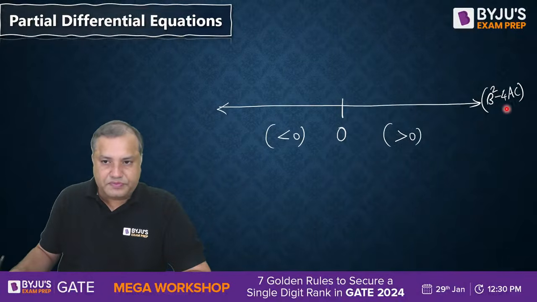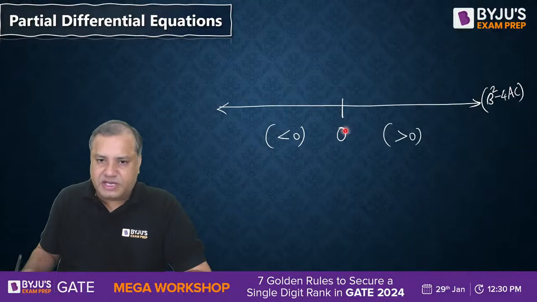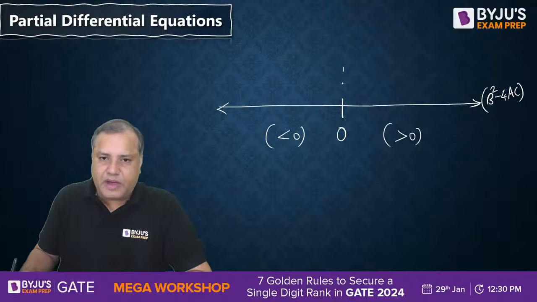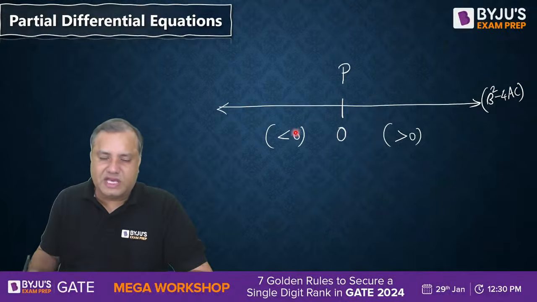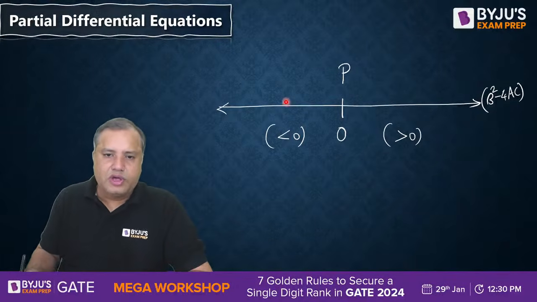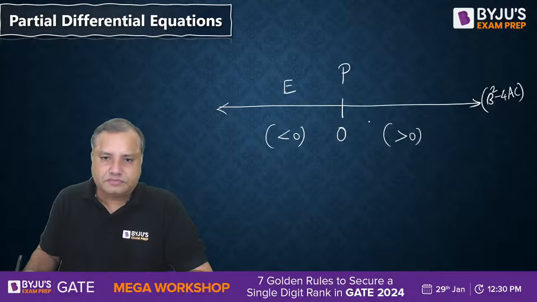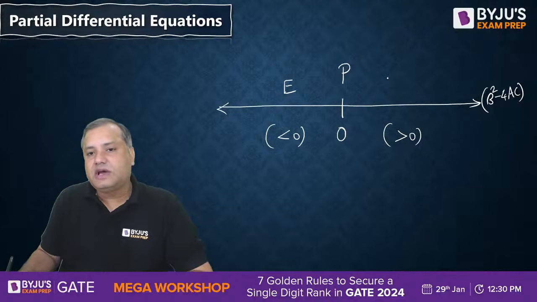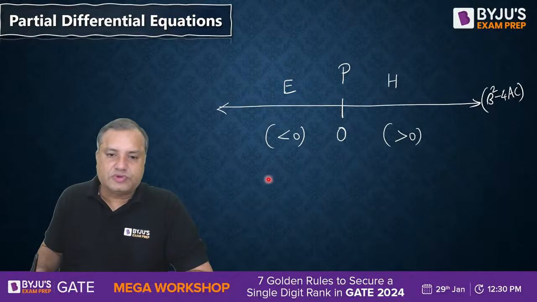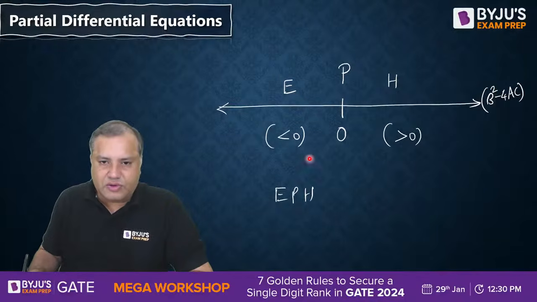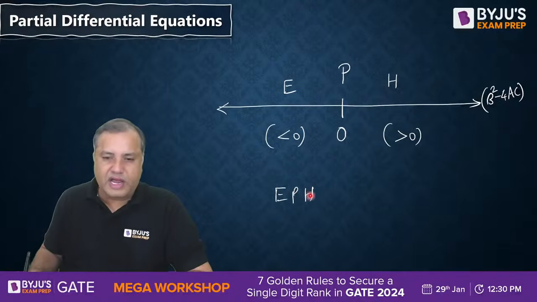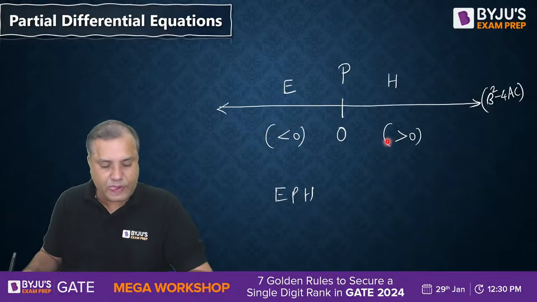So see here, b square minus 4ac, if it is 0, then you say parabolic equation. If it is less than 0, then it is elliptic equation. And if it is greater than 0, it is hyperbolic equation. So students, just remember this sequence: E, P, H. E for less than 0, P for equal to 0, and H for greater than 0.